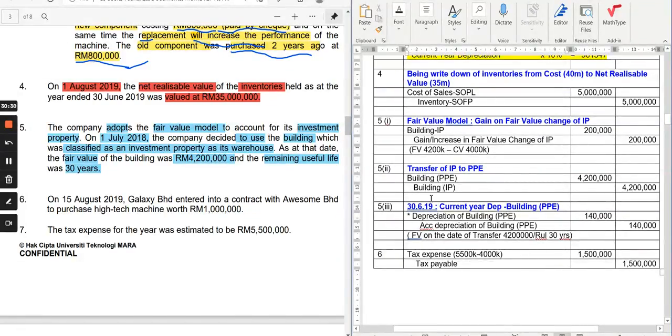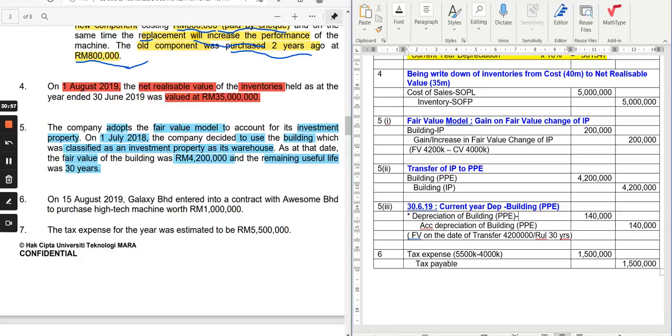The next part is the depreciation part. That is for the building that is now classified as an item of PPE. So provide depreciation for that building: debit depreciation, credit accumulated depreciation. Take the 4.2 million fair value divided by the remaining useful life of 30 years, you have 140,000.